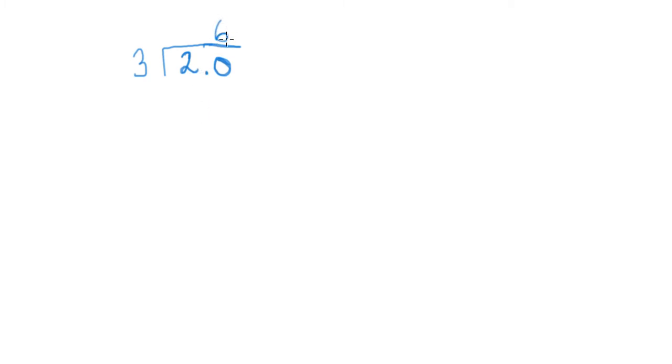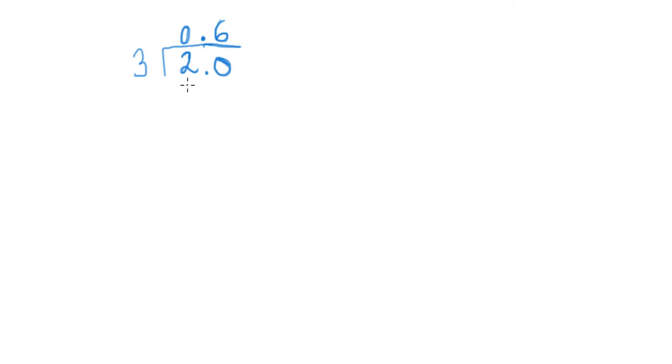And now I really want to specify that I'm not putting whole units into these 3 equal groups. I'm actually putting tenths. I'm putting 6 tenths of a unit. So what I can do is just put that decimal there to remind myself that this is not 6 whole units, it's really 6 tenths, because I'm taking these 20 tenths and distributing them.